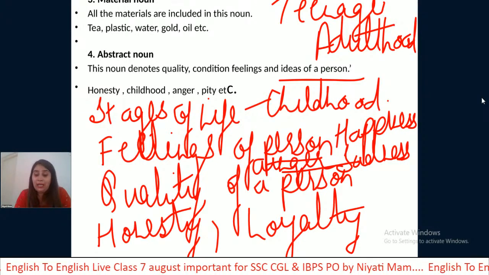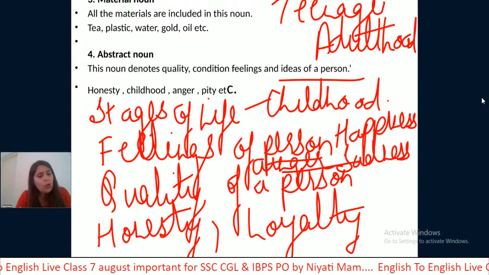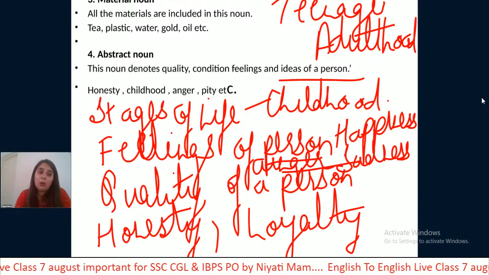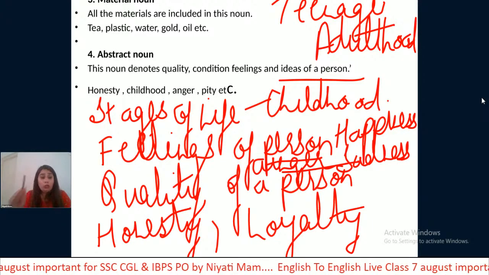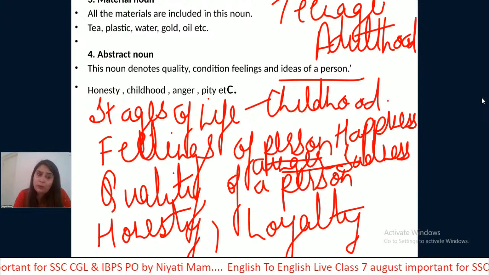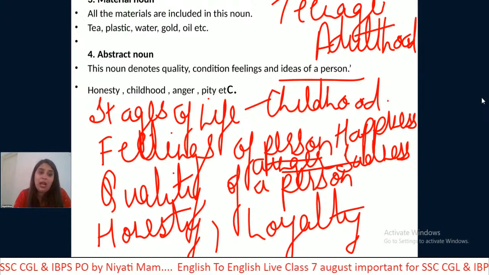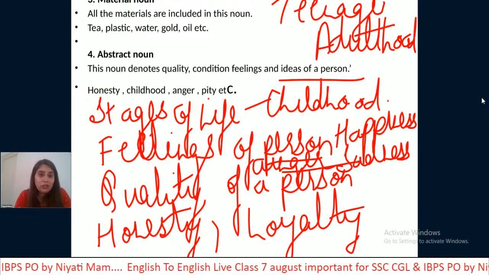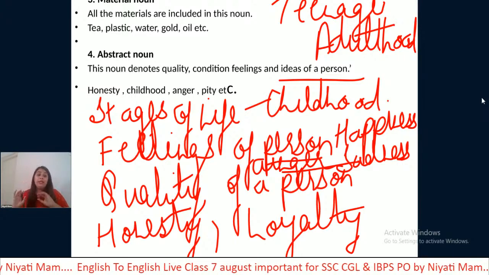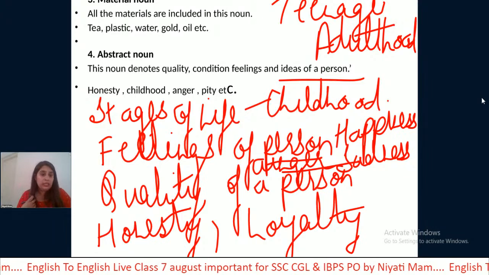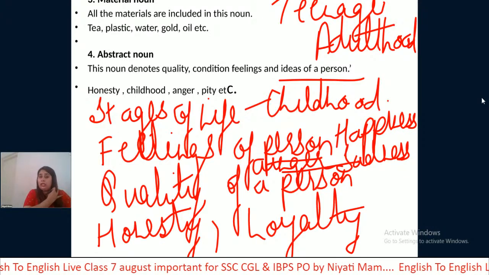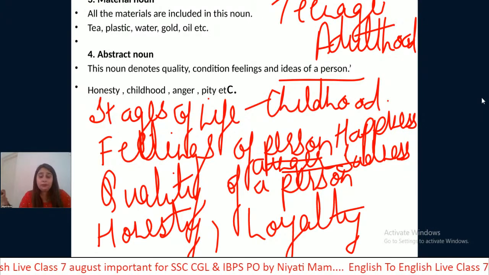Apart from these types, there is another type of noun: countable nouns and uncountable nouns. We have covered them in our subject verb agreement session. I explained each and every minute detail related to countable and uncountable nouns.